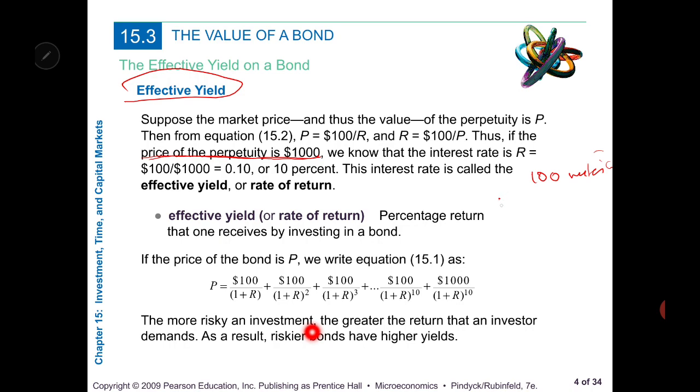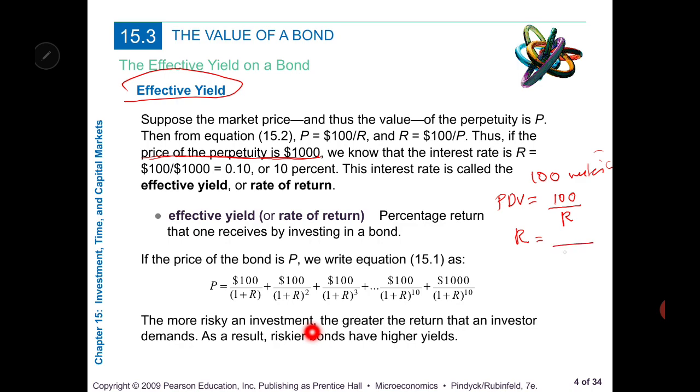So the formula just now, the PDV will be 100 divided by R, correct? In this case, we're going to change this. We want to find what is the R that such a sale is going to give you. What is the effective yield or the discount rate that will appear from this particular transaction?